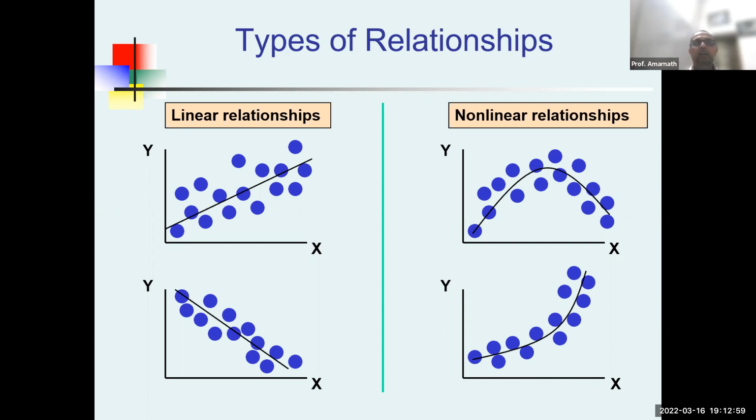So theoretically, how did these graphs come about? I think I have told you statistics has been there for almost 120, 130 years now. People have noticed that this is the kind of linear relationship you can expect. In all textbooks everywhere you have this kind of diagram. So in a general sense, when you plot a scatter plot between two variables x and y, you get one of these.